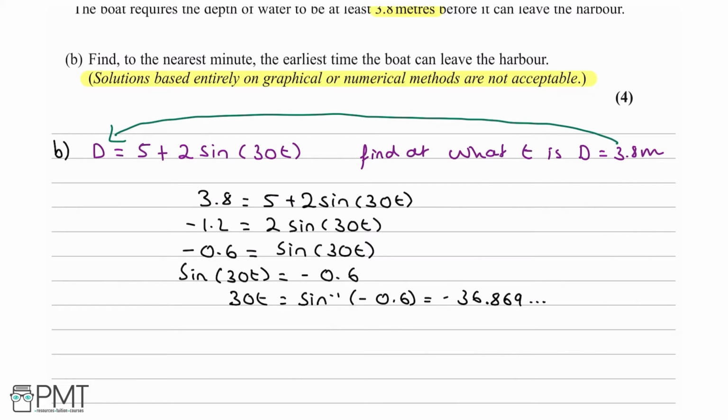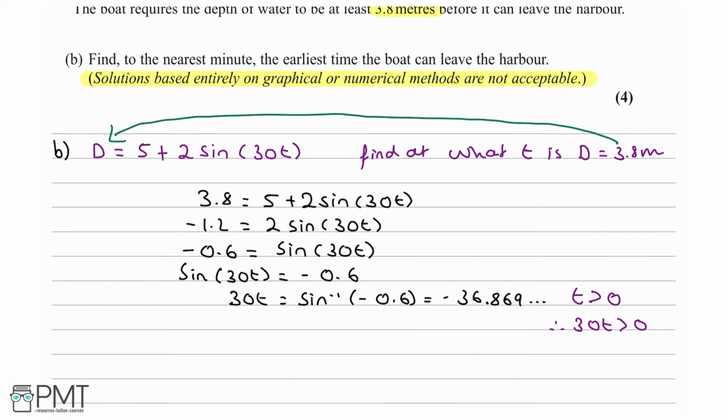And that means 30 times our period of time. Now, we can't have a negative period of time, which is what minus 36.869 here implies. So what we need to do is set, just a little comment here, t has to be greater than 0, therefore 30t also has to be greater than 0, okay?